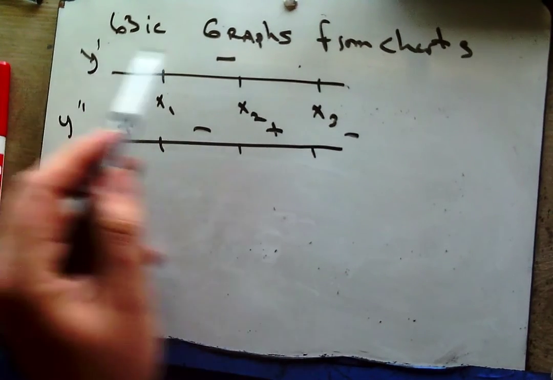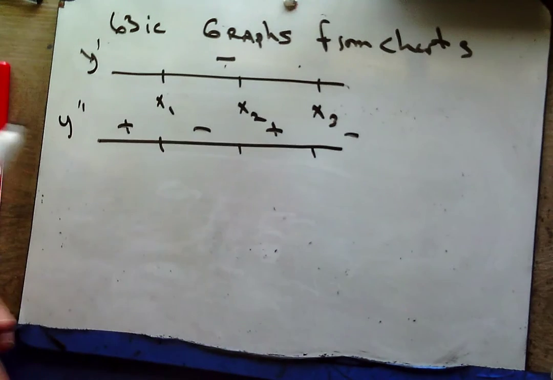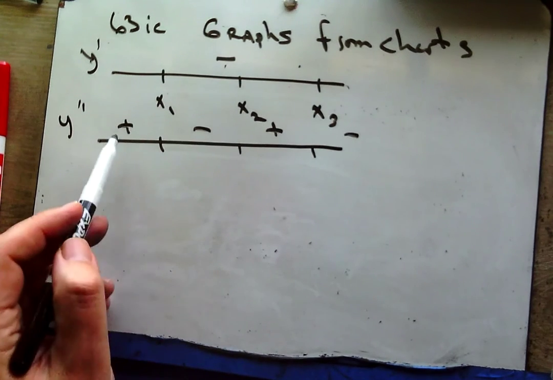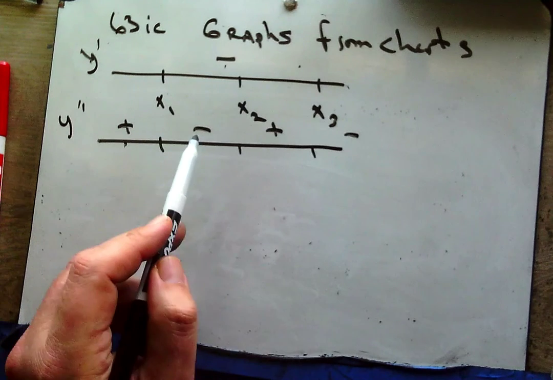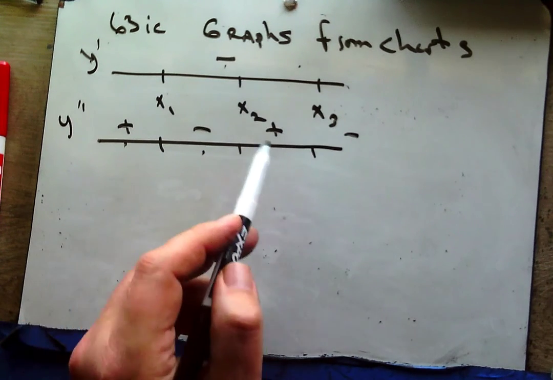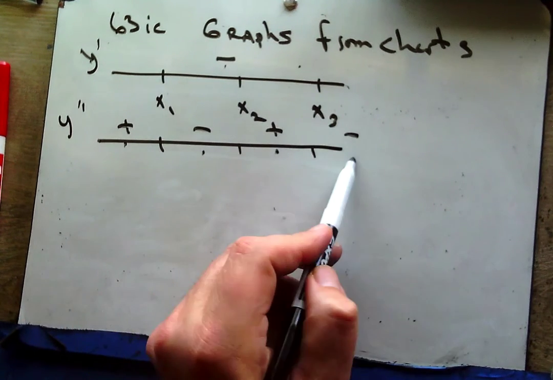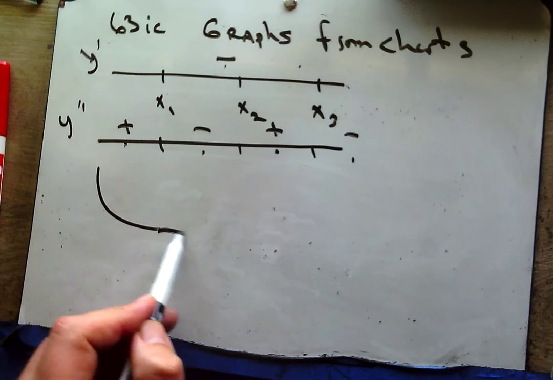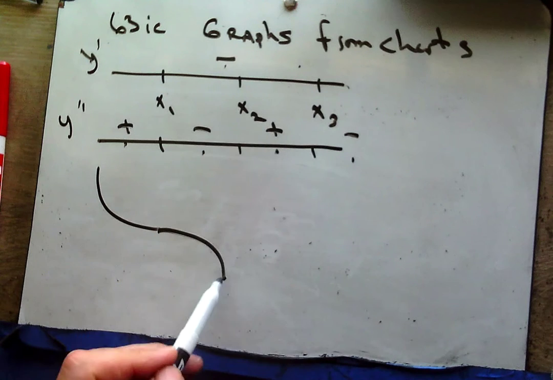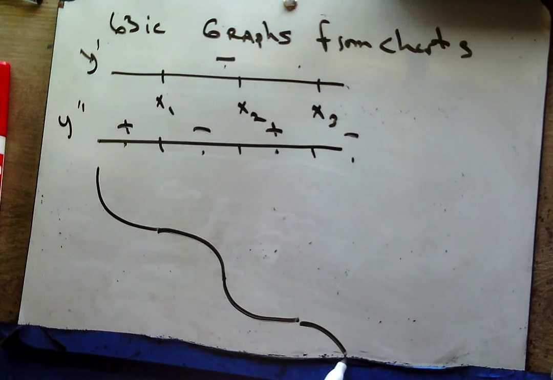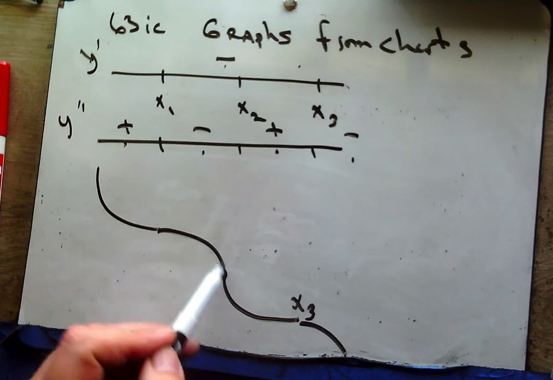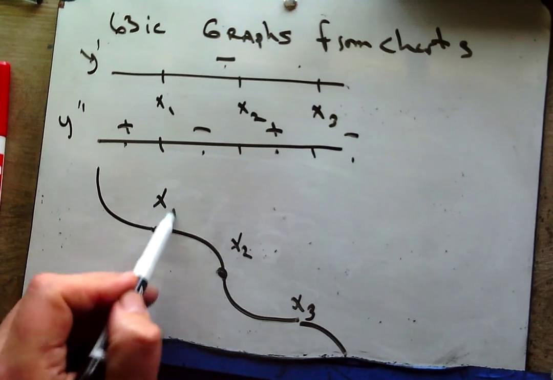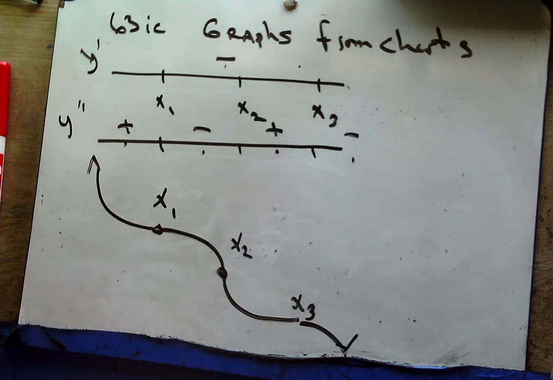I know that because y prime is negative everywhere, y is always decreasing. First, y is decreasing concave up, then y is decreasing concave down, then y is decreasing concave up, then y is decreasing concave down. There's x sub 3, that's x sub 2, and there's x sub 1. Okay, that's 23.